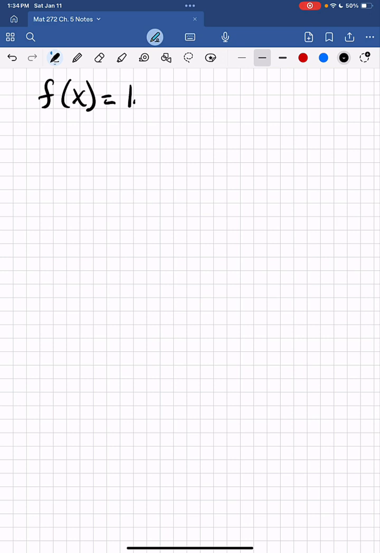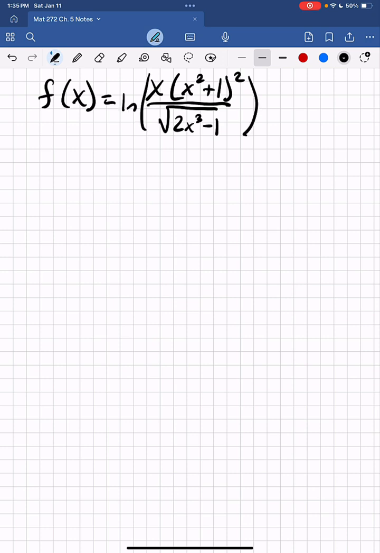Nope, excuse me. Let's not use the natural log just yet. So let's say f of x is equal to x times x squared plus 1 squared all over the square root of 2x cubed minus 1. Actually, yeah, let's just go ahead and say that this is the natural log. We'll do another example. So we'll say the natural log of this.